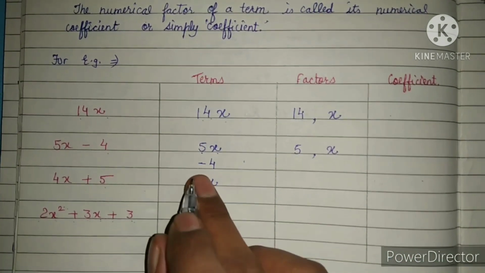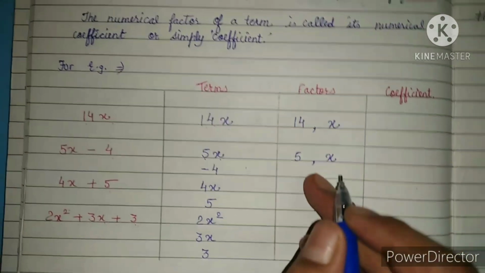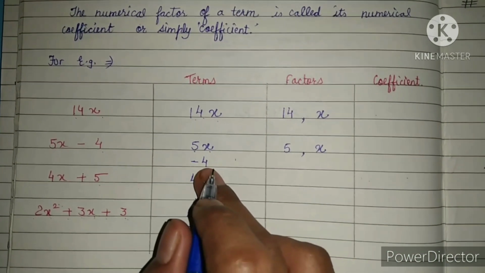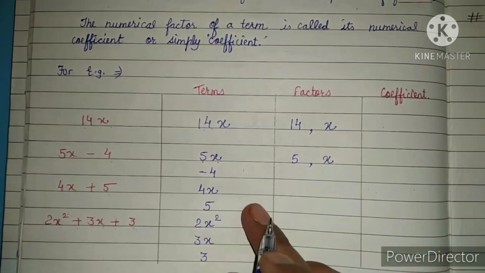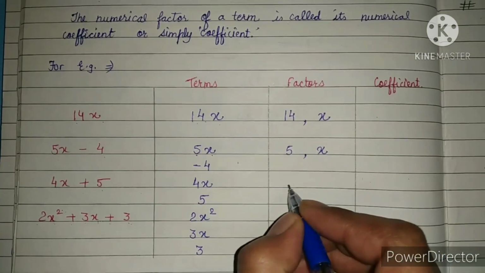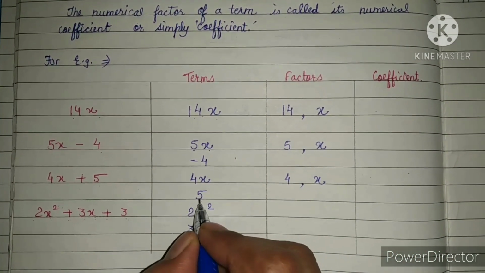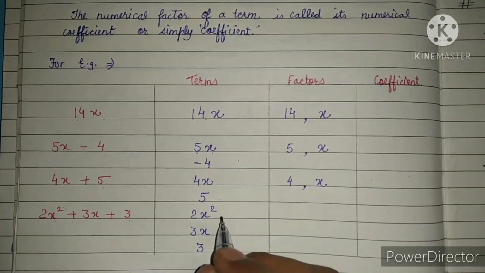Minus 4 is a single term, so we do not write factors here, because only one number or one constant is there. That's why we are not writing it here. We have to see factors. 4x, 4 is multiplying by x. Again, only 1, 5 is multiplying by 1, so no need of writing this as a factor.